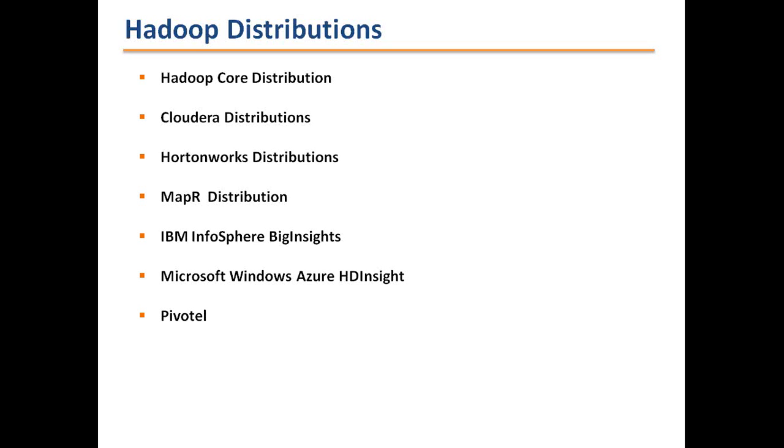I think these are the most popular distributions: Cloudera, Hortonworks, MapR, IBM BigInsights, Microsoft HDInsight, and Pivotal. Which distribution we go for will depend on our business case, and on the companies that have a tie-up with some distribution. Based on that only we will go for the different distributions.